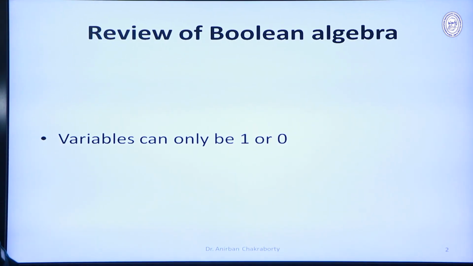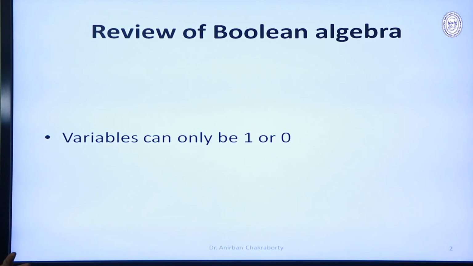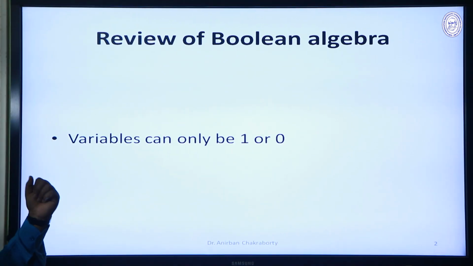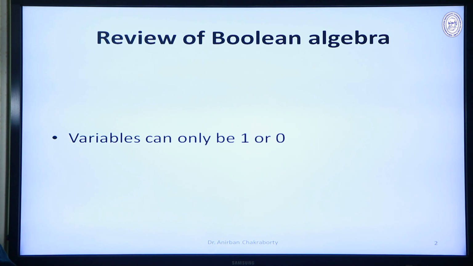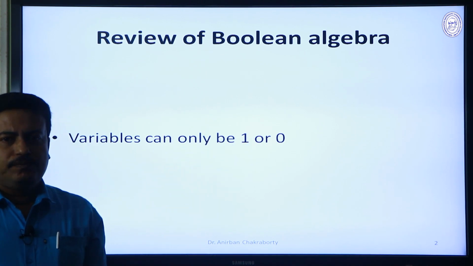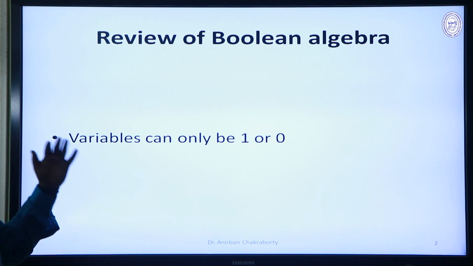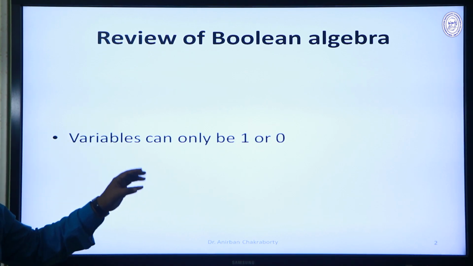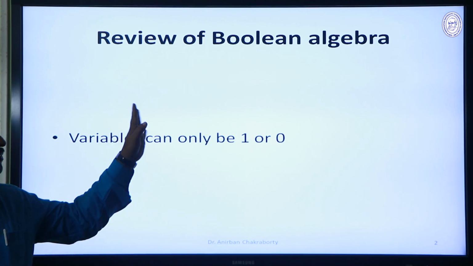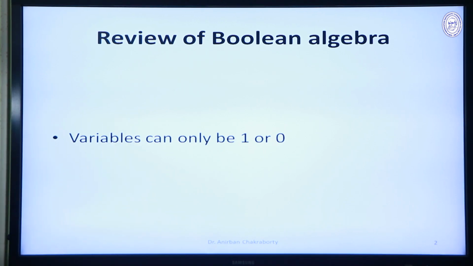And the reverse, the light is not glowing, the student has failed, or the gate is shut, everything this is represented by 0. So anything will be represented either by 1 or by 0. This is the basic of the digital circuit.